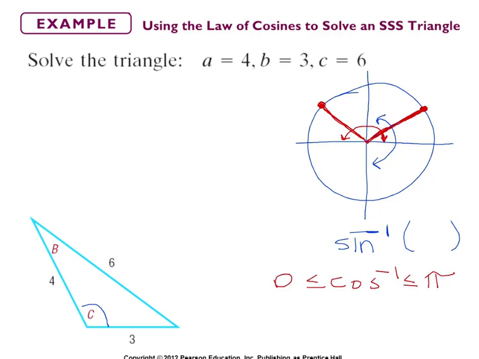But there's no ambiguous case because if it's positive, the other angle that represents it would be in quadrant 4, which is way over 180 degrees, or it would be in quadrant 3, which is also over 180 degrees. So for the law of cosines, there's no ambiguous case.